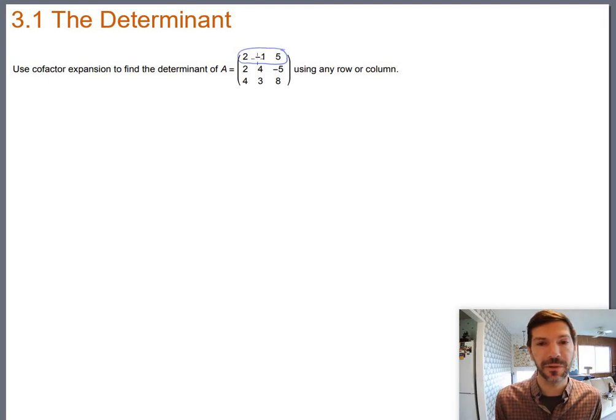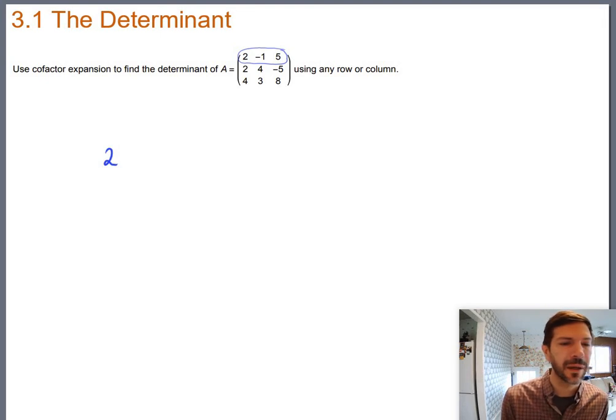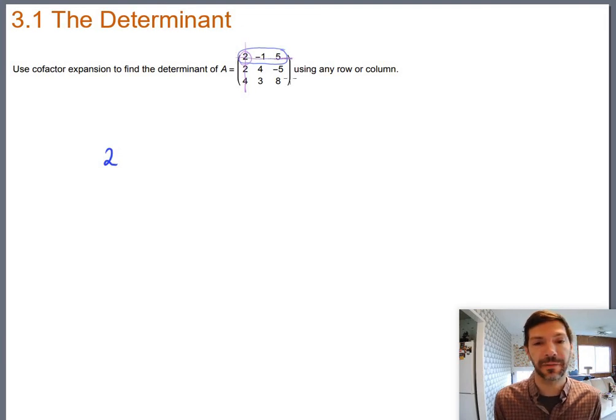So you start with a 2, then the -1, and then the 5. You start with a 2, and it's going to be 2 times, and when you're using 2, this is the cofactor expansion part, you cross out 2's column and you cross out 2's row, and you take the determinant of what's left.